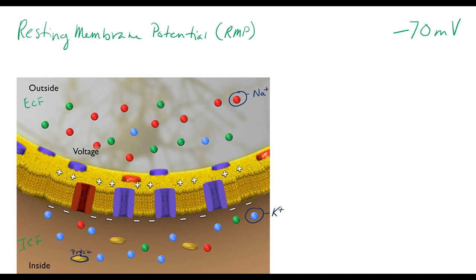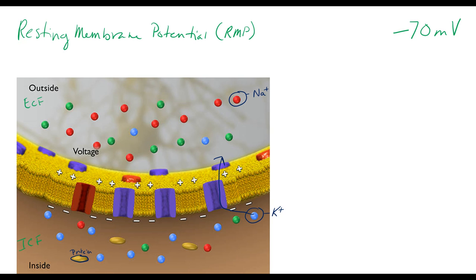But what happens is this membrane here is very leaky to potassium. Potassium can go through the membrane pretty easily, and what that does is it leaves the inside of the cell more negative because those positive potassium ions are leaving the cell. Then, because it is negative inside and there's a lot of positive things outside, the negativity of the inside of the cell is going to attract the positive charge of the potassium.